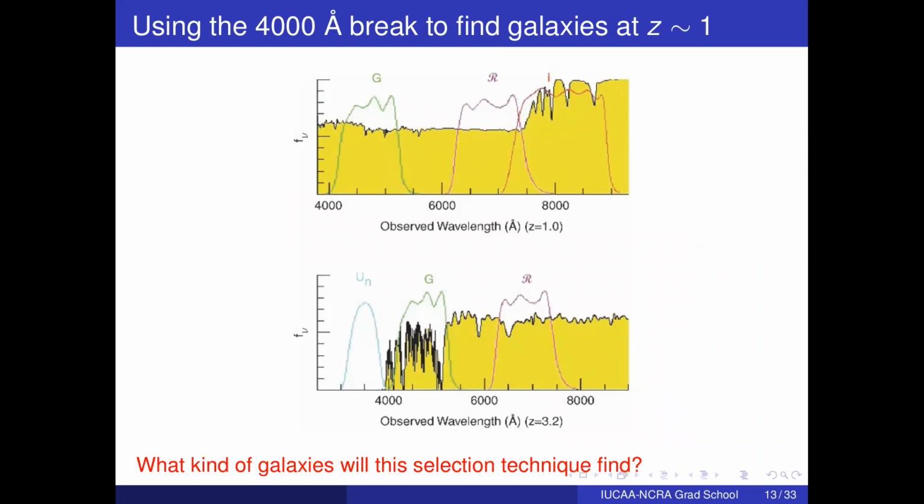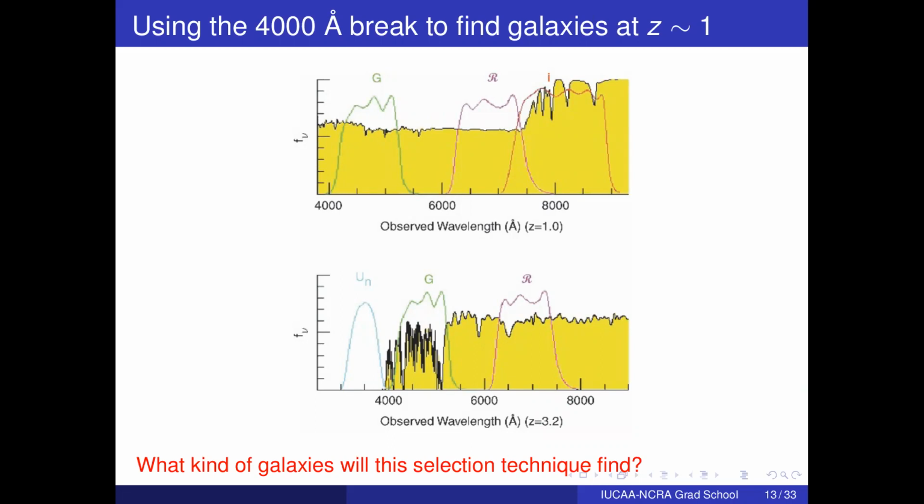So now, just like you have the Lyman break, there is also something known as the 4000 angstrom break. If you have a lot of evolved stars, which means stars which are at least 1 gigayear old, then in the outer atmospheres of these stars there is an increased opacity at wavelengths shorter than 4000 angstroms.